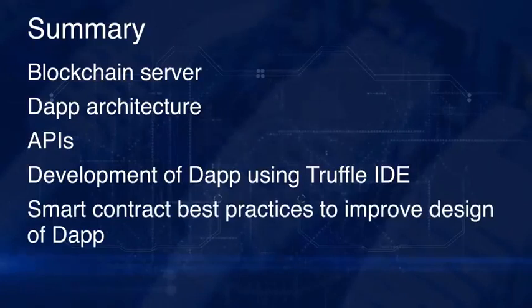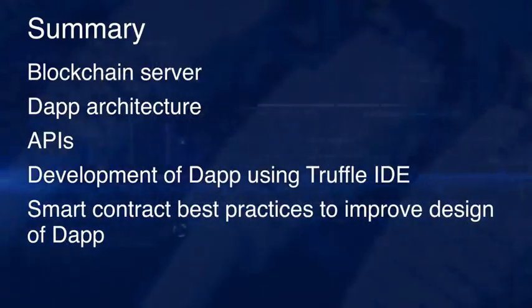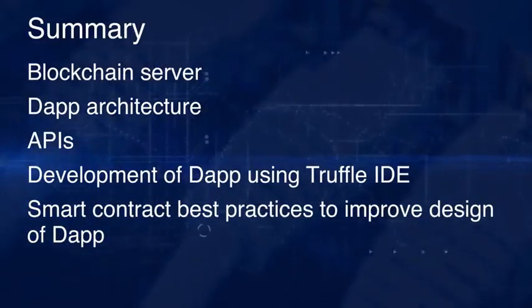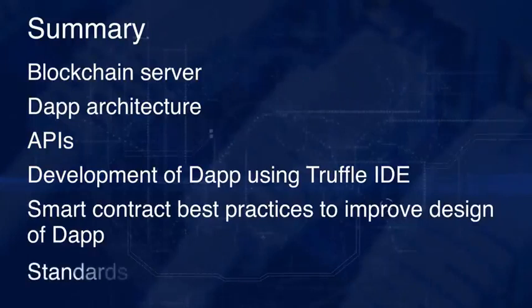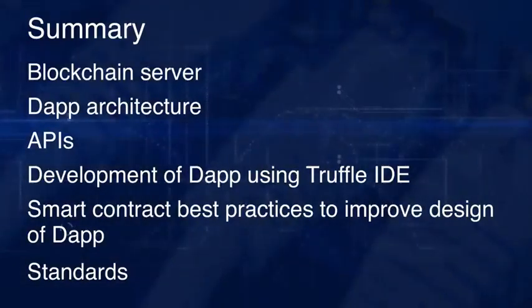We then explored important smart contract specific best practices to improve the basic design of a DApp. We concluded the course with standards that are essential for transforming an emerging technology into a more mature technology. Armed with this roadmap of the DApp development process, you are now ready to chart your path through the emerging decentralized software culture.